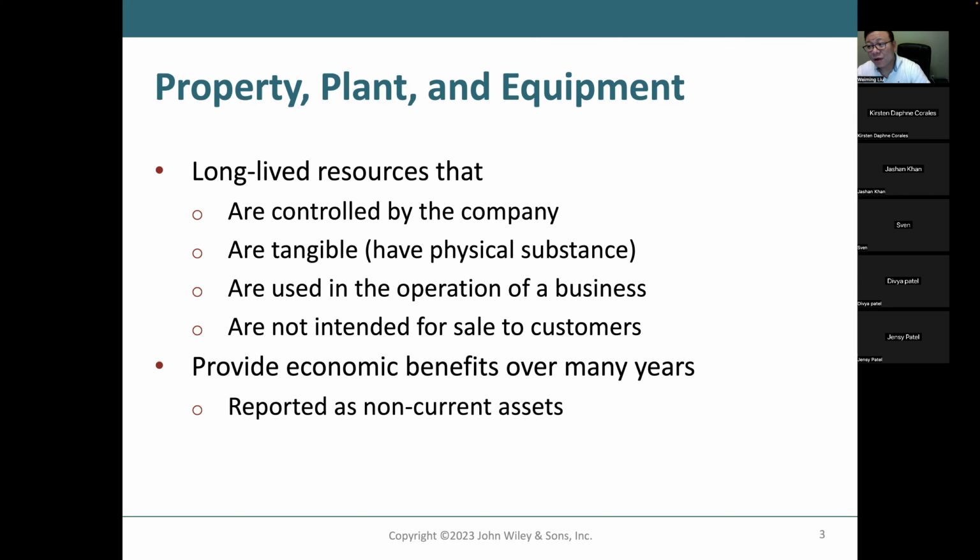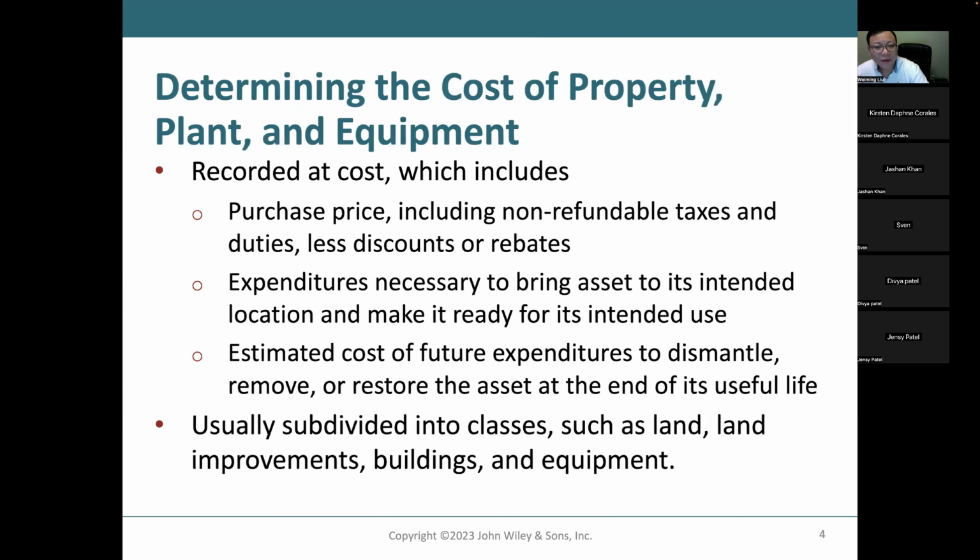For them, they're going to use this building for many years for their operation, which is to educate students. So in that case, this is property, plant, and equipment. They are non-current assets.